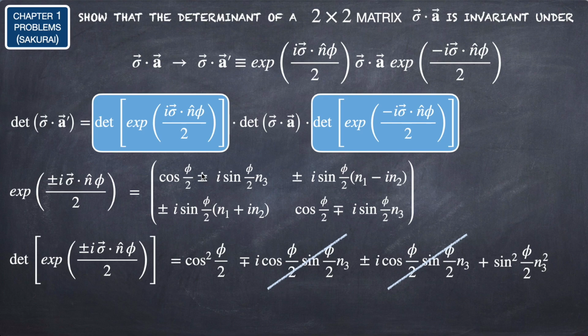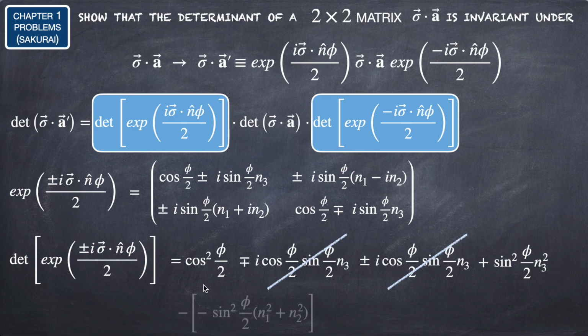The next term is going to be plus, with this minus, you have a minus sign, but then you have I squared, which will give us another negative sign. So then you will get positive, and the same for the other term: sine squared of phi over 2 and 3 squared.